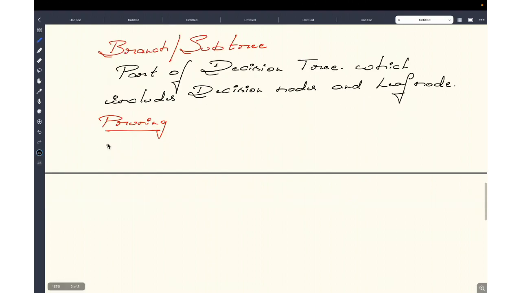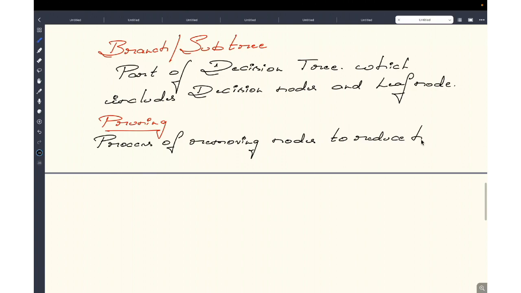So pruning, in essence, is the process of removing nodes to reduce the height of a tree. We call that process pruning.